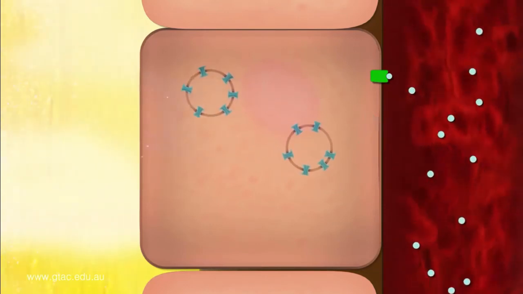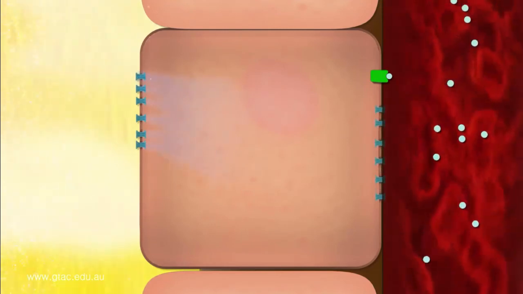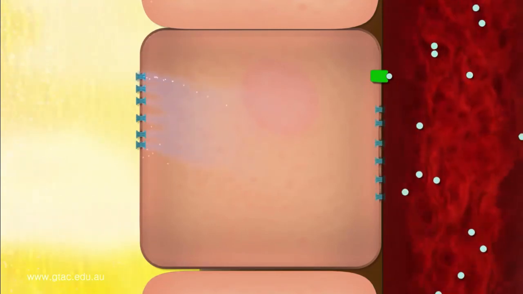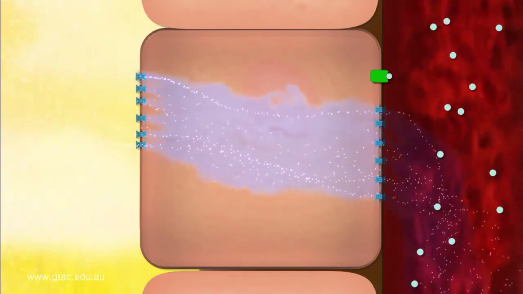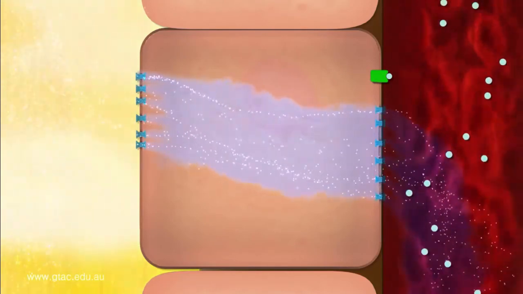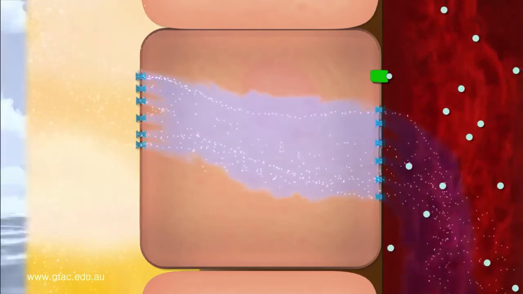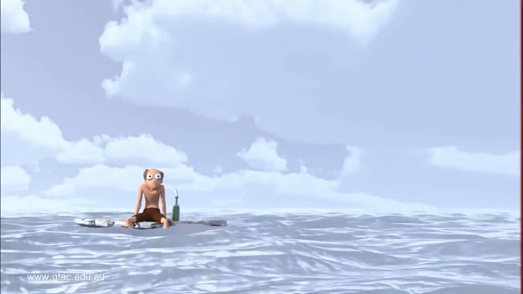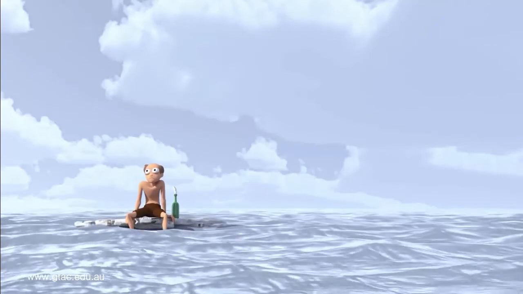These are inserted into the plasma membrane. More water can now move from the collecting duct back into the blood. Because of ADH, less water ends up in the urine, and the urine becomes more concentrated. So if you are dehydrated, ADH helps you to conserve water by decreasing your urine production.